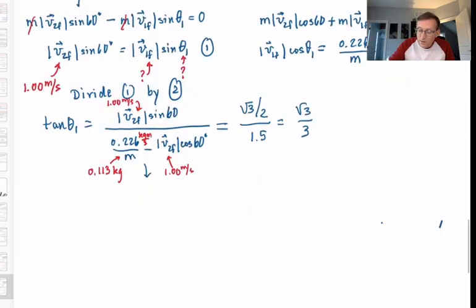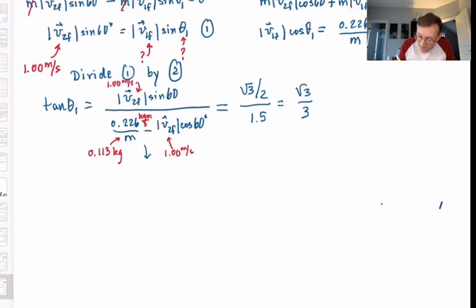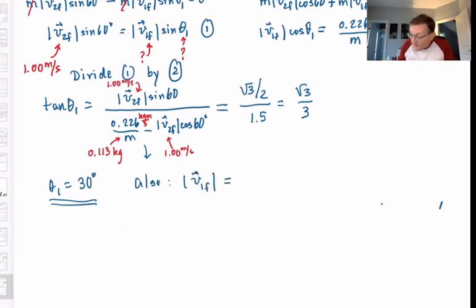So theta 1 is the inverse tangent of square root of 3 over 3. You put that in your calculator in degree mode. Sure enough, it's 30 degrees. Okay? By the way, it didn't ask this, but we can also find now the magnitude of v1 final, i.e. the speed of particle 1 after the collision.